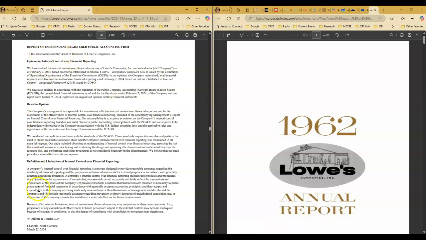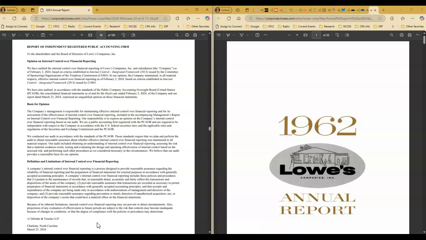So this page right here basically makes this whole entire 103 pages valid. Somebody else came in, looked at the numbers, and said, everything looks pretty good.